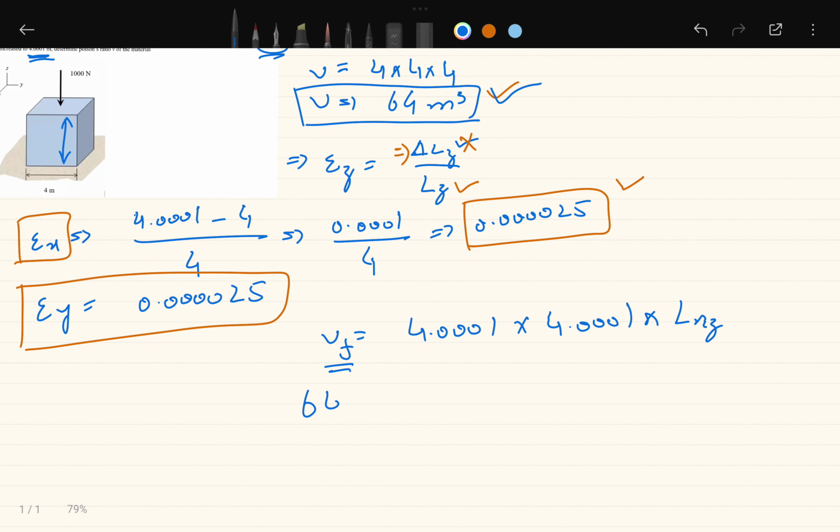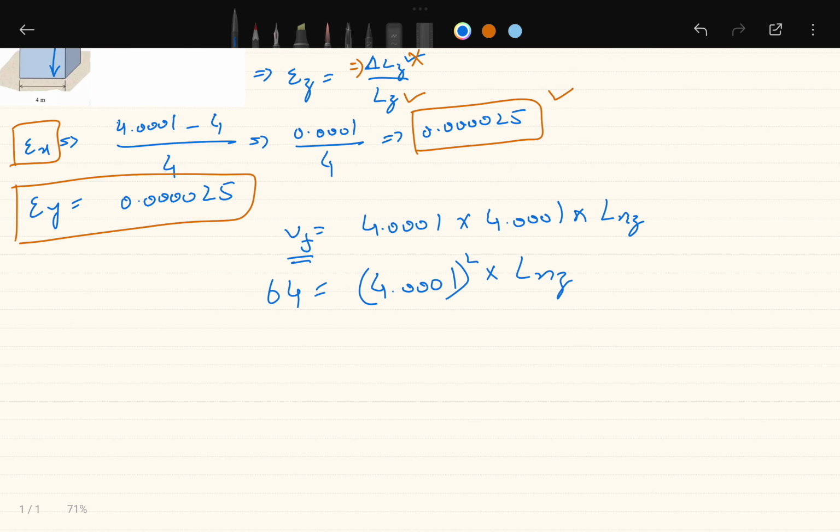So 64 is equal to 4.0001 squared, because it is multiplying with itself, multiplied by Lz. So you can calculate the new length of the z axis, which is 64 divided by 4.0001 squared.